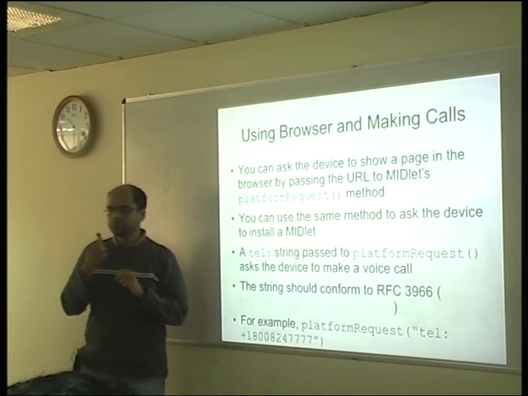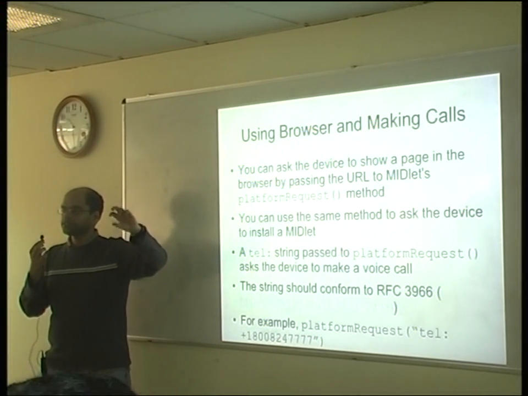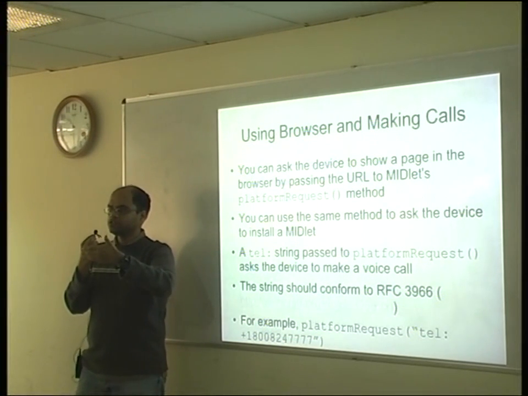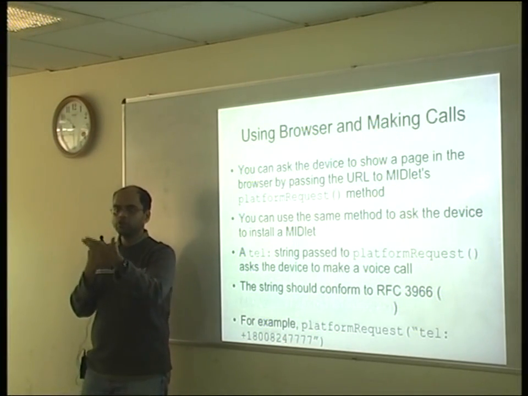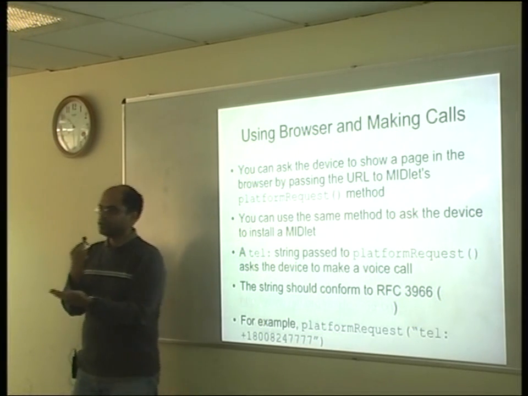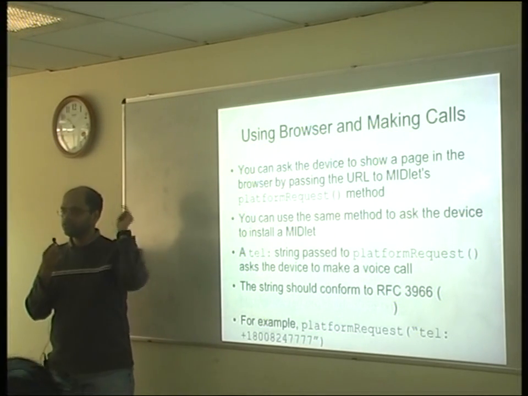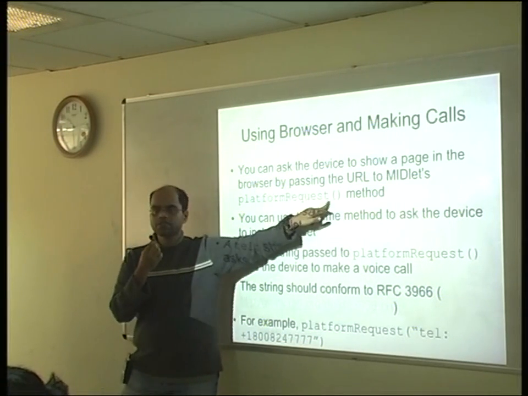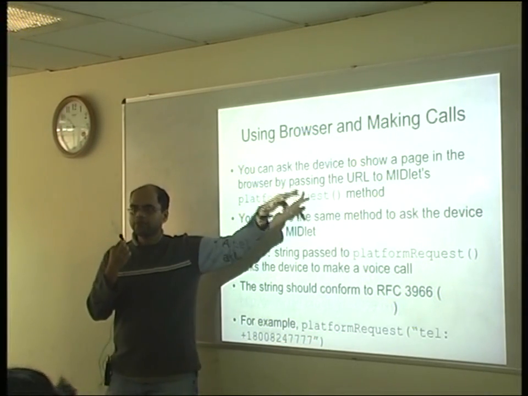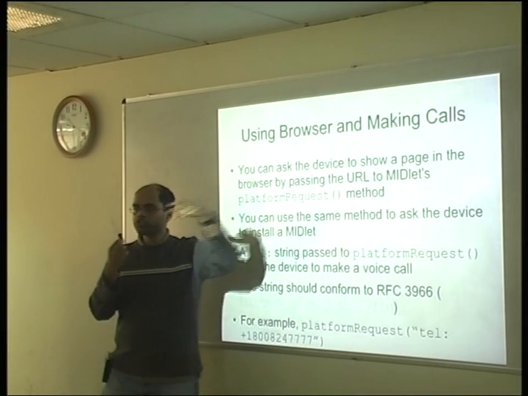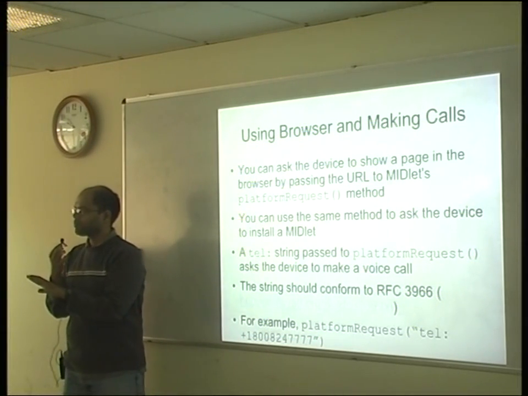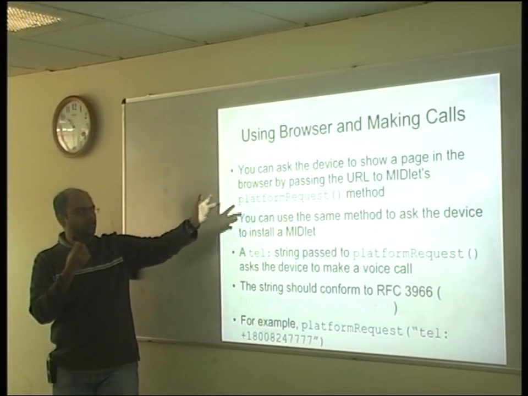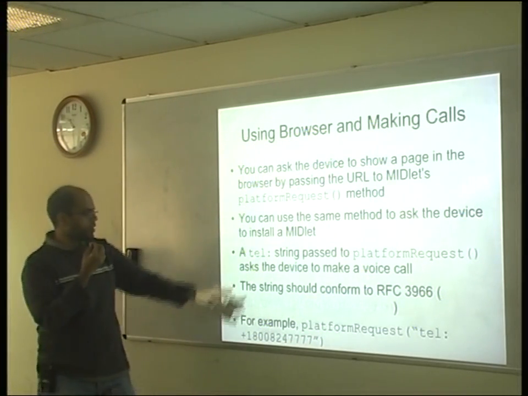Then you can use a lot of system properties and system methods. For example, if you are looking at your email on your phone and there is a URL, and you click on that URL, what that is basically doing is calling the platformRequest method, which tells the phone to show this URL in its own browser. So you can use these methods to display a web page, or even make a phone call.